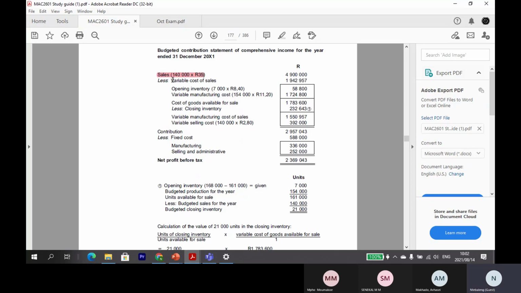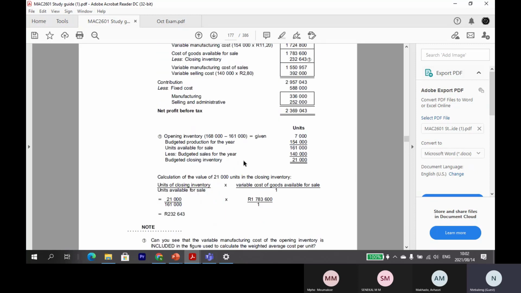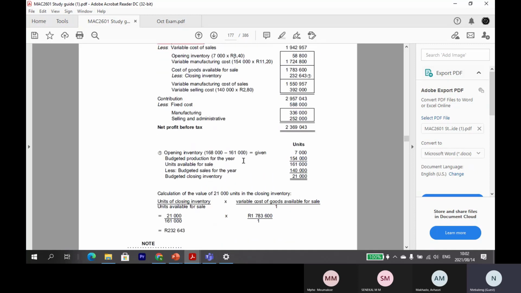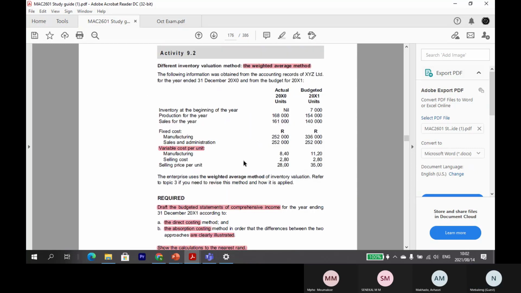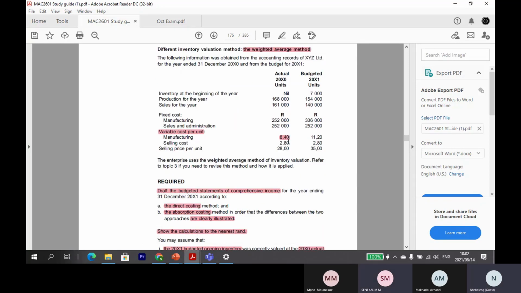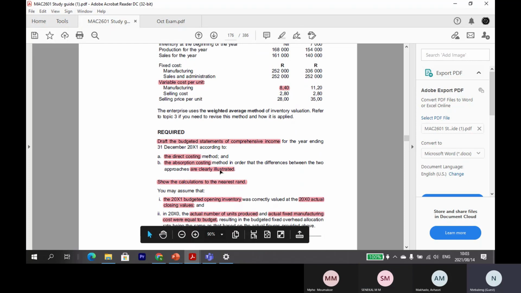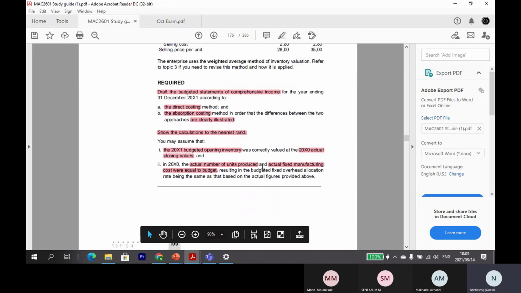Sharp. So variable cost of sales. Look at the presentation. The opening inventory, they're saying that it's 7,000 multiplied by the 8 rand 40. Okay, let's see. So they took this. You guys are still following me, I hope. They took this because this is under the direct one, and they did mention that your opening inventory is equal to the actual, so you have to use your actual cost.